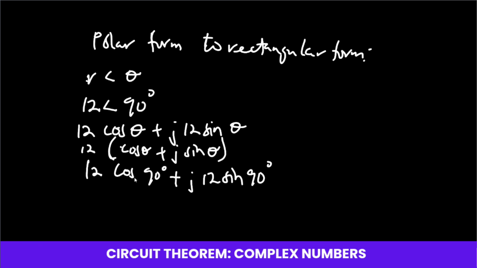Okay, so 12 cos 90 degrees is giving us 0, plus 12 sine 90 is going to give us 12. Hence, our rectangular form, our z for this, is j12.